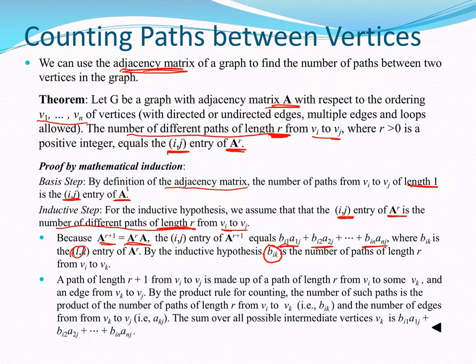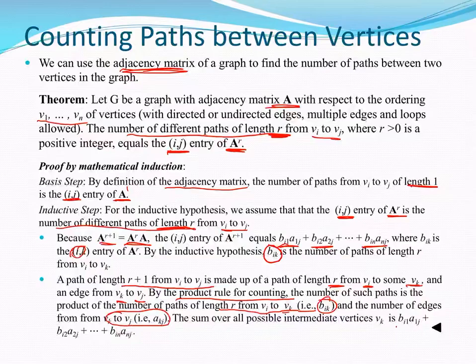Well, the paths of length r plus 1 from vi to vj can be thought of as made up of paths of length r from vi to some vk, and then that last edge from vk to vj. So by the product rule for counting, the number of such paths through vk is bik, that's our inductive hypothesis, times the number of edges from vk to vj, which is 1 if it's a simple graph, and could be more than 1 in a multigraph.